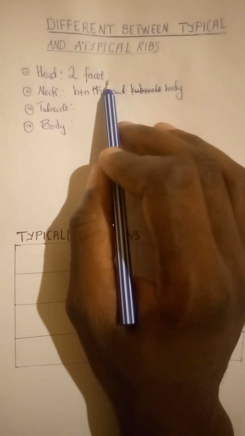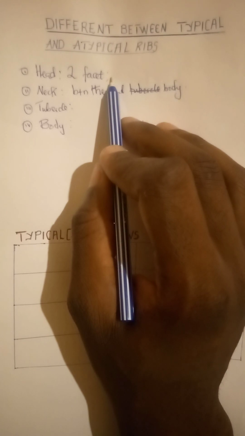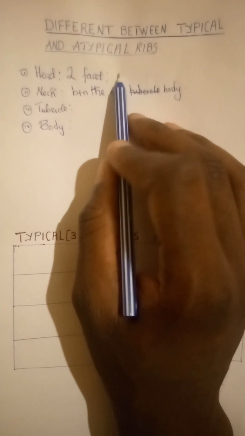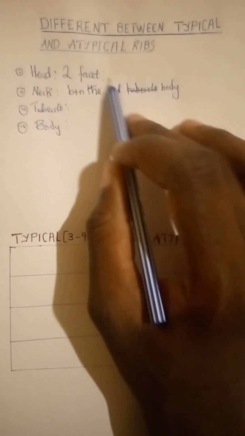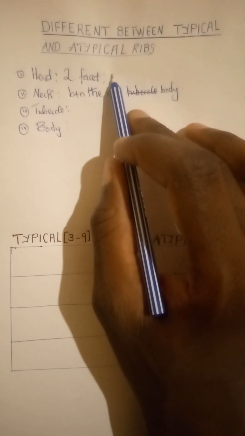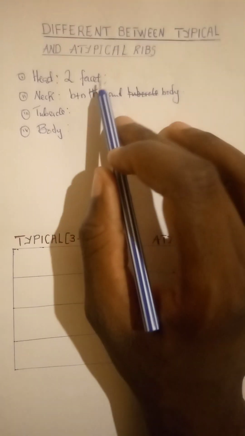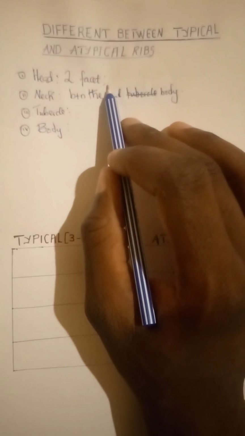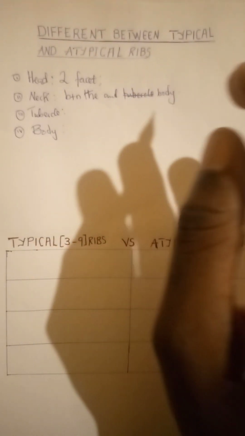The first facet, or one of the facets, articulates with the corresponding vertebra, and then the other facet articulates with the superior vertebra.